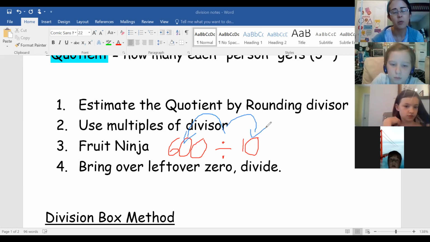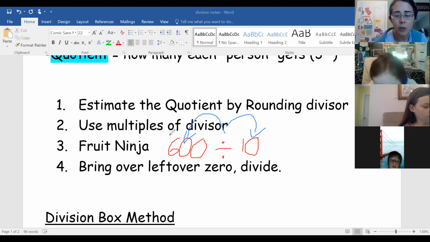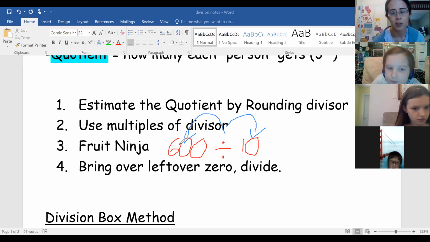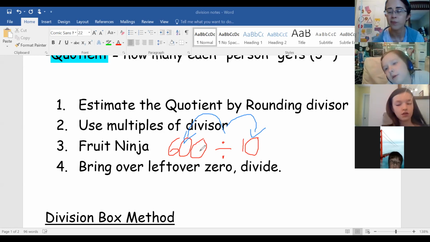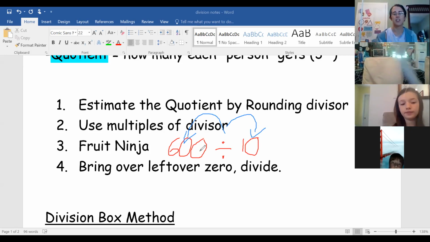We've got 600 on one side and 10 on the other side. And which number kind of looks like fruit to you guys? The 6 or the zeros? The 0. And the Fruit Ninjas like to chop things, right? And the Fruit Ninja says, well, is there one piece of fruit that I could chop on this side of the dividing symbol and the other side so that it's fair? They each get one chopped?